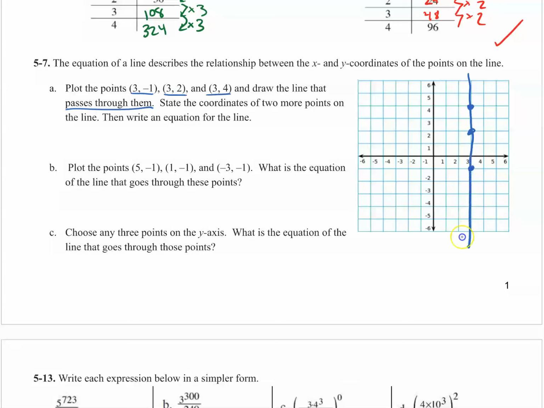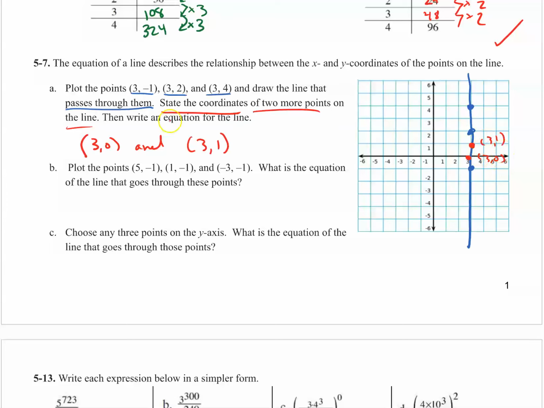There's only one line that can pass through these 3 points. We're supposed to state the coordinates of 2 more points on the line. So let's say these 2 are also on the line. That's going to be (3, 0) and (3, 1). Here's (3, 0), here's (3, 1).